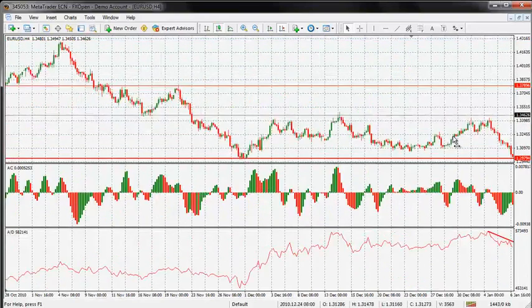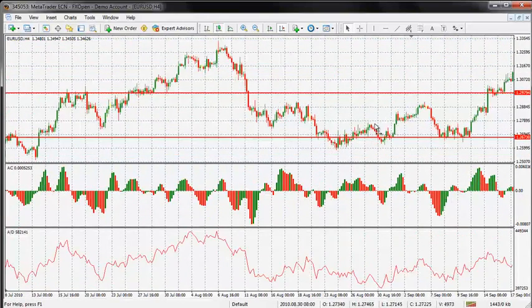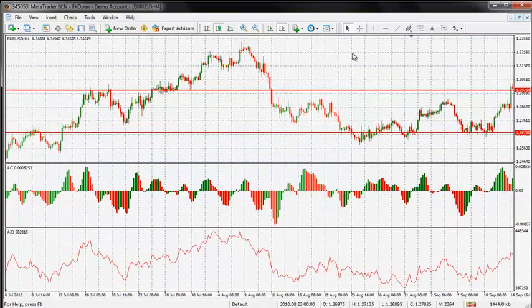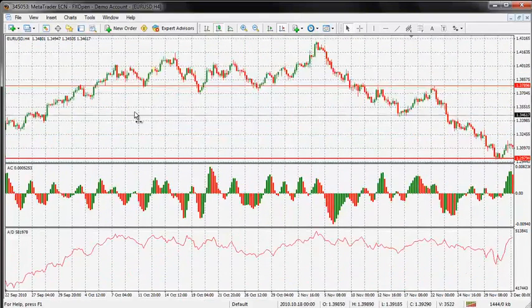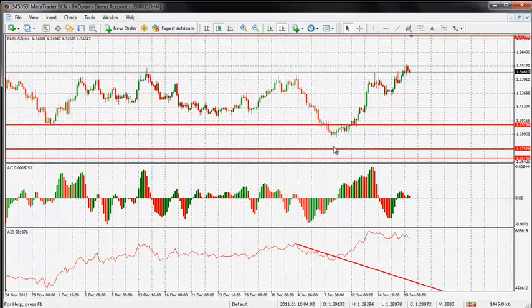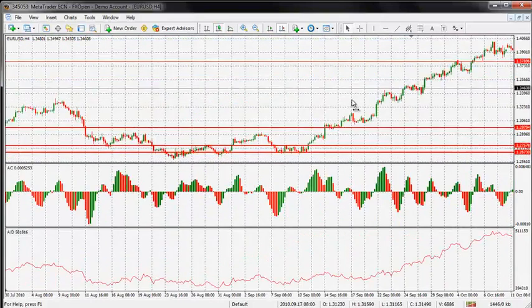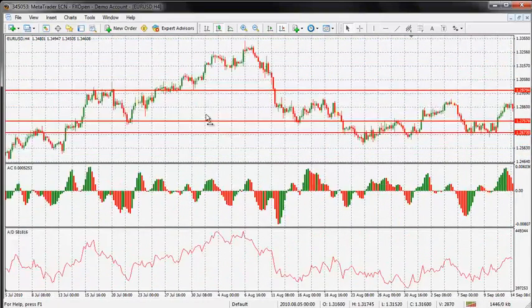And that one didn't actually hit. We've got some more around here as well. And that was almost pretty close. So we're all doing okay for support and resistance levels.